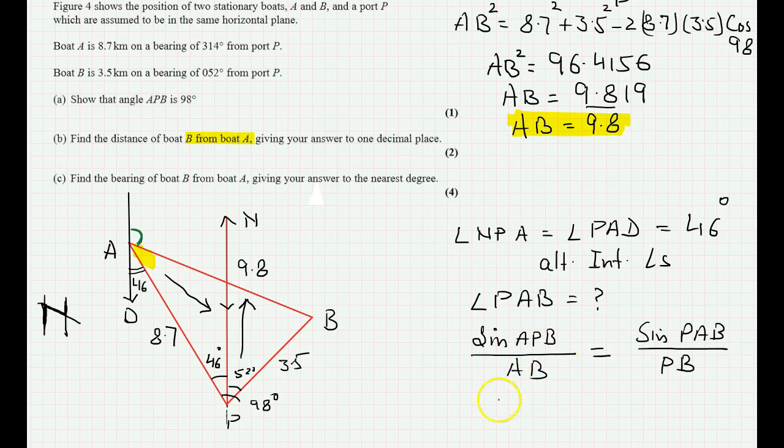Now let's put in the values. APB is 98 over AB is 9.8, is equal to sine PAB over PB, which is 3.5.